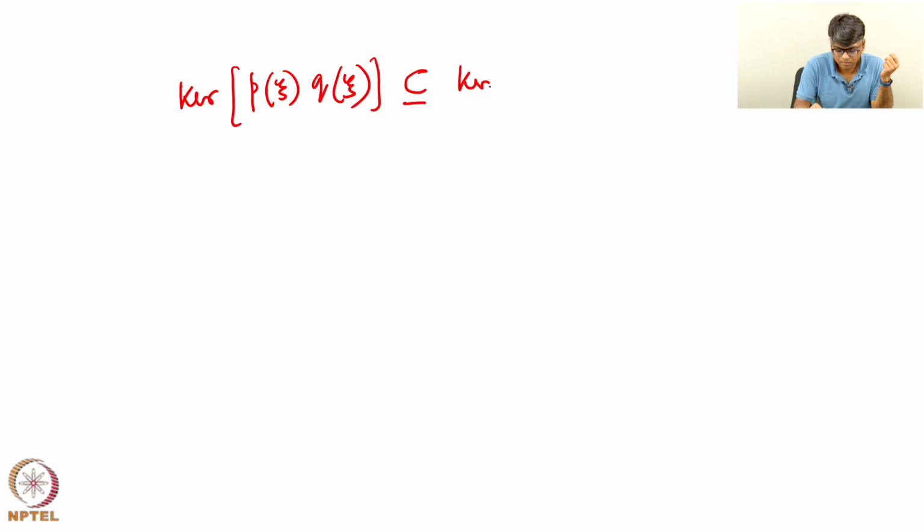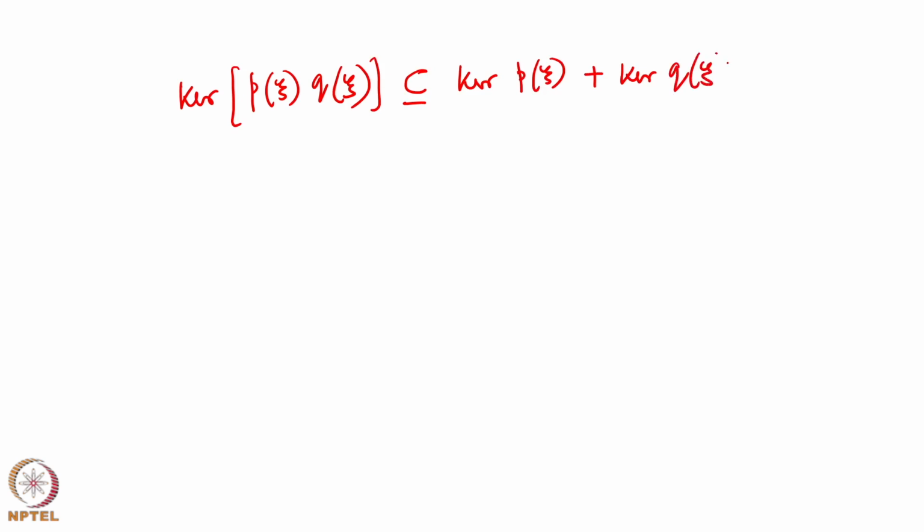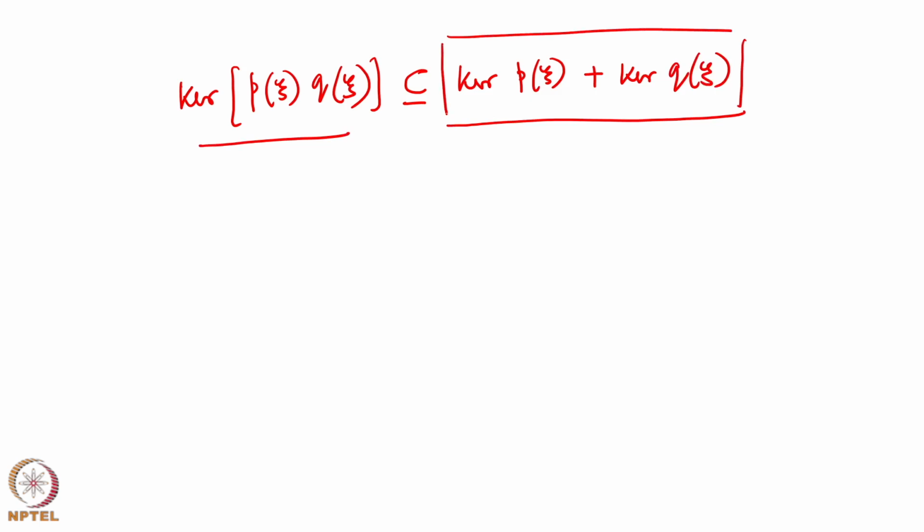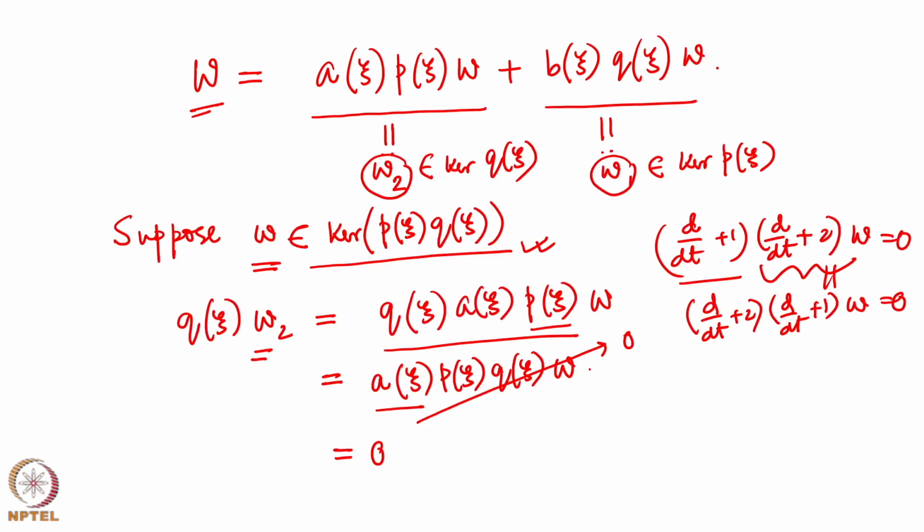We have proven that the kernel of P xi Q xi is contained in the kernel of P xi plus the kernel of Q xi, right? Anything that is here would automatically be here through the Aryabhatta-Bezout identity, because of this construction.